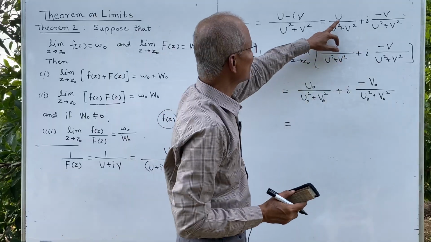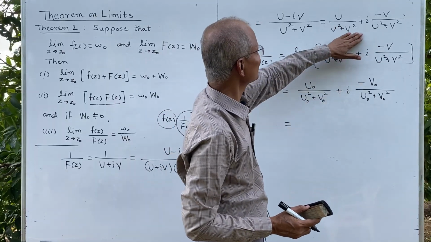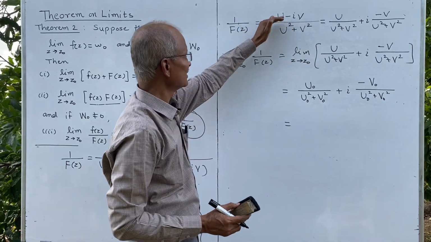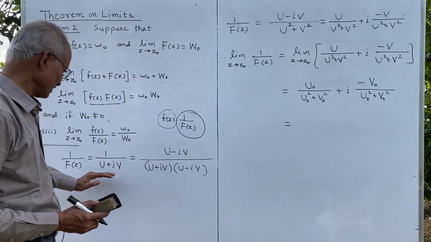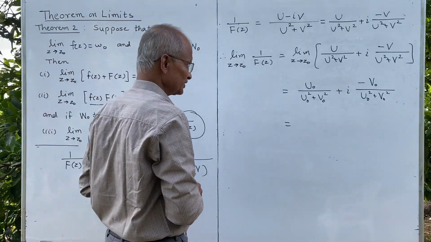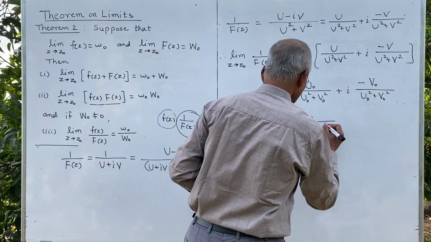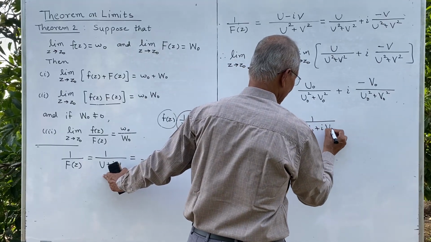See, instead of u v here we have u naught v naught, and this expression is same as this one, and here this will be 1 over u naught plus i v naught, and therefore this is exactly 1 upon u naught plus i v naught.